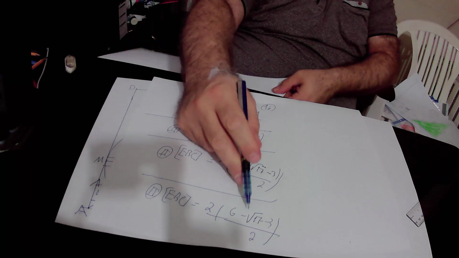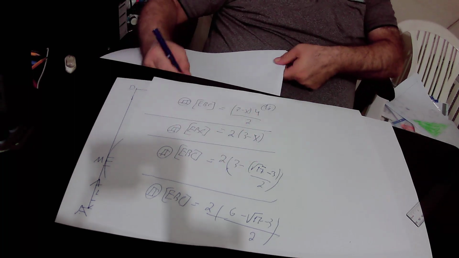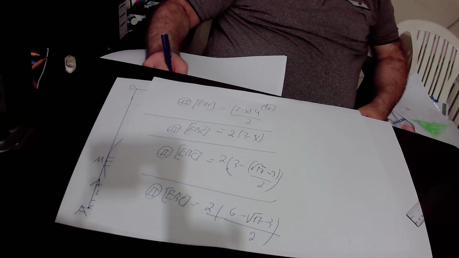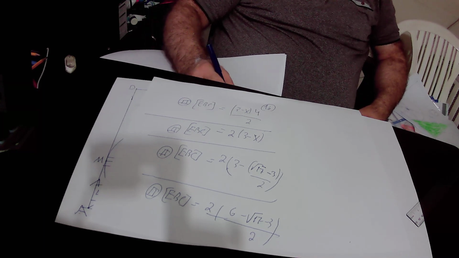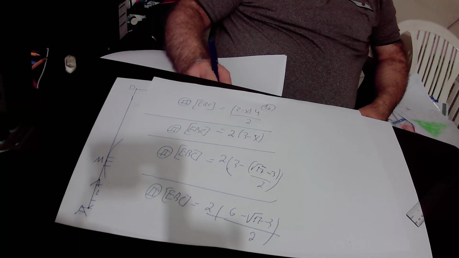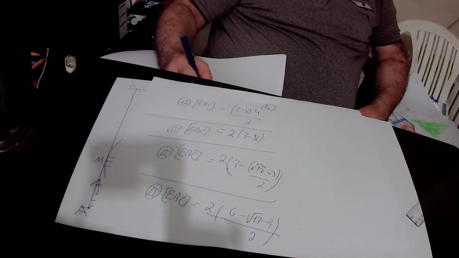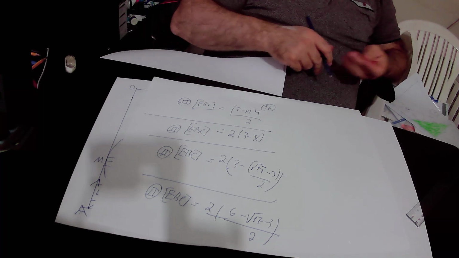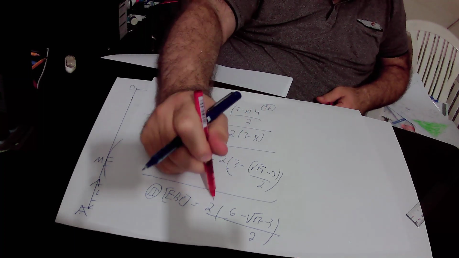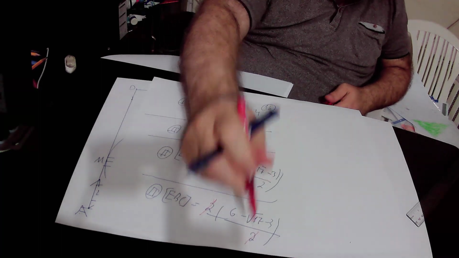Here 2 over 2 is 1, so the 2 will get cancelled.